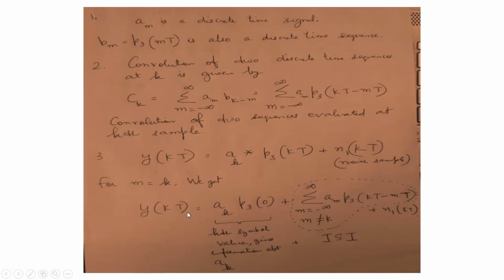y(kT) will be equal to the sum over m going from minus infinity to infinity, when m is not equal to k. Because we have extracted the term when m is equal to k, I have separated out this term, which represents the information present in the present symbol that we are interested in, and this is the rest of the equation plus noise, of course.